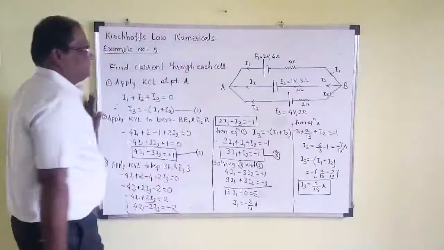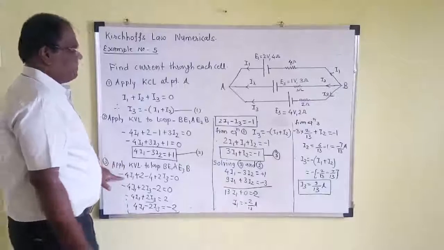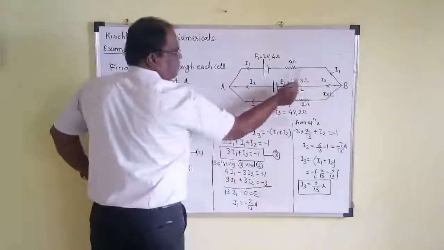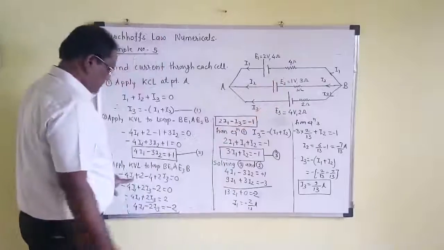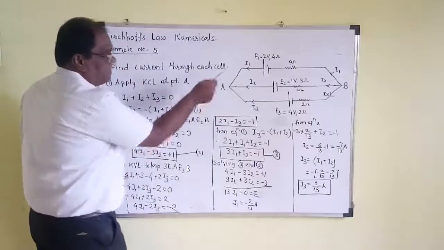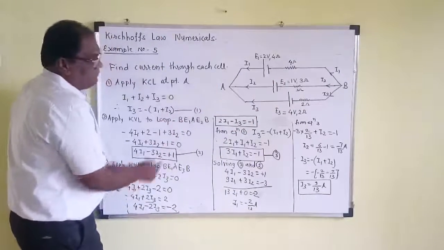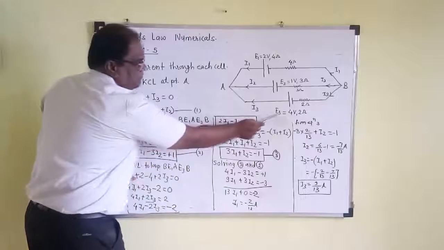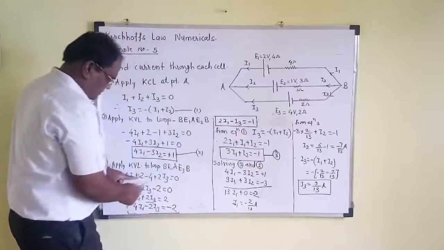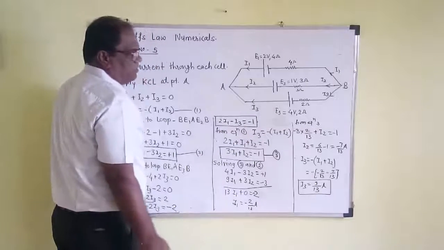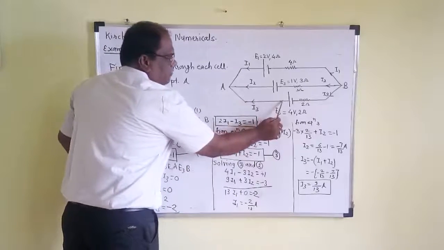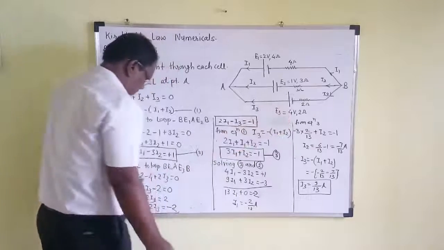Apply the equation. Again, I1 is flowing through the 4 ohm resistance, hence minus 4 I1, plus I2 last through this branch. Minus 4. Why minus 4? Because we are moving from positive to negative terminal.